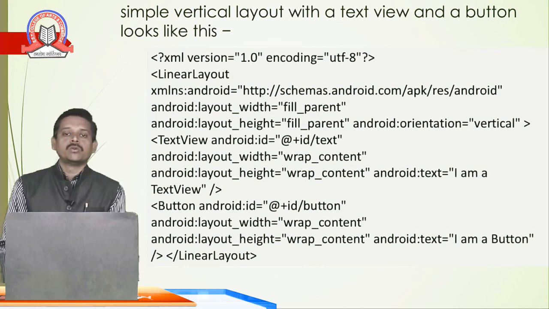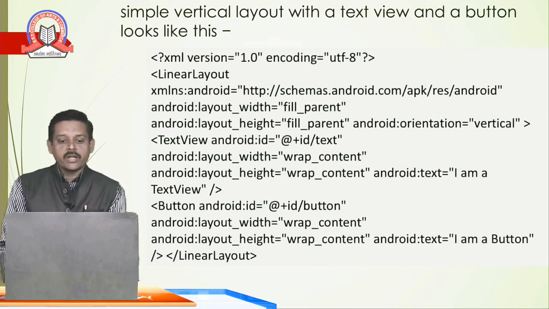Now as we have seen earlier, we are using various layouts for creating an app. So here we are using a linear layout. With the help of that, we are inserting 2 different UI controls, that is a text view or a text box and a button. For that we have 2 different HTML-like tags.